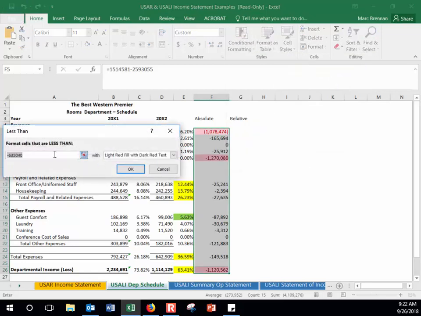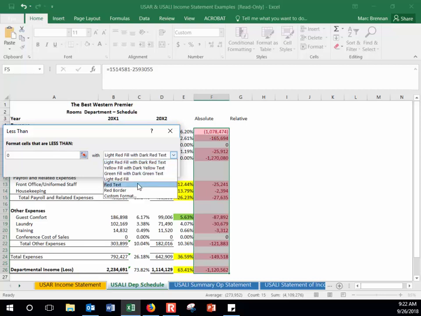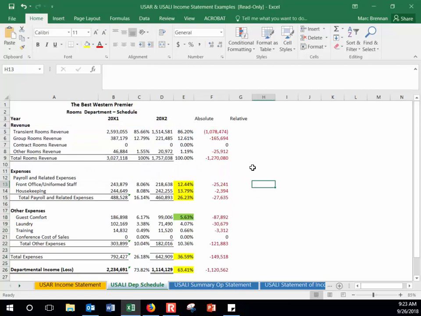I'll just make it so that anything less than 0 gets red text. Don't worry about that, you can learn that in DAT. So now anything less than 0 is going to pop up as red. So we see a lot of red. That can be good, it can be bad. Let's go find out what's good and what's bad.